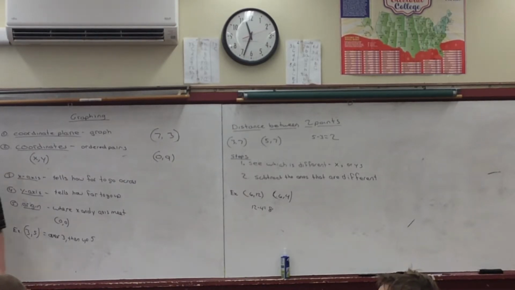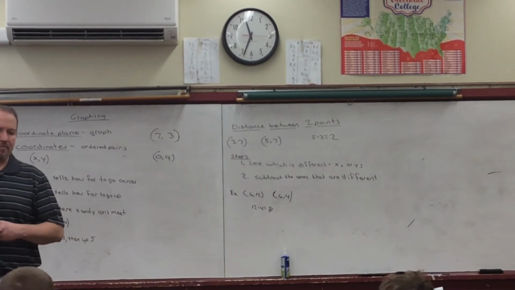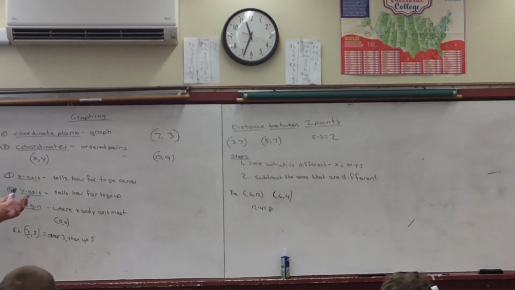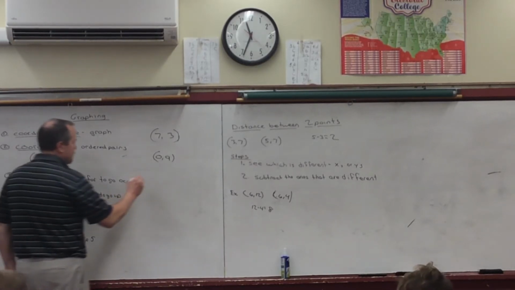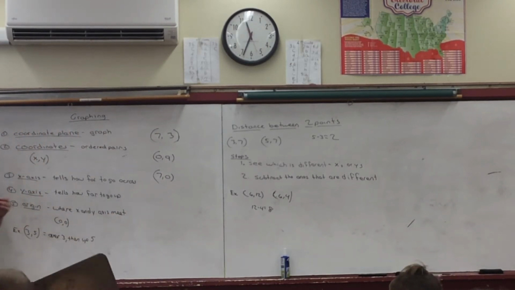Very good. Some said go over 0, up 9. Others just simply said go up 9. So either over 0, up 9, or just simply up 9. Do this one. 7, 0.